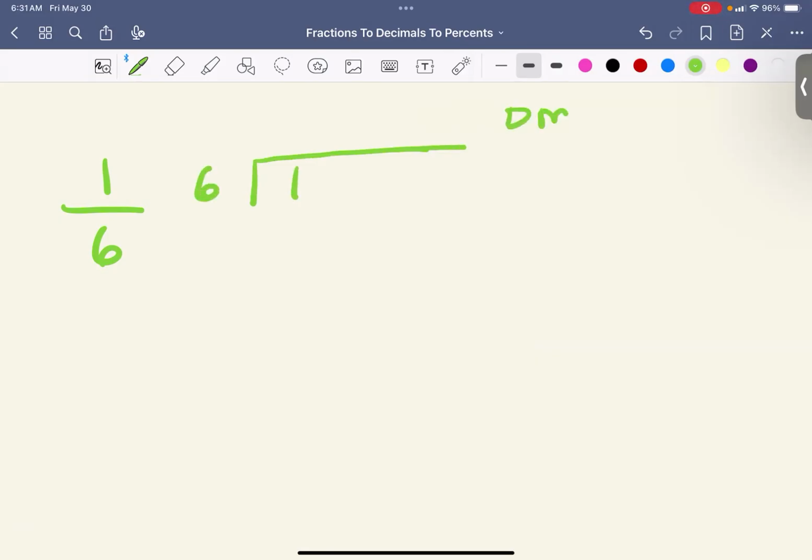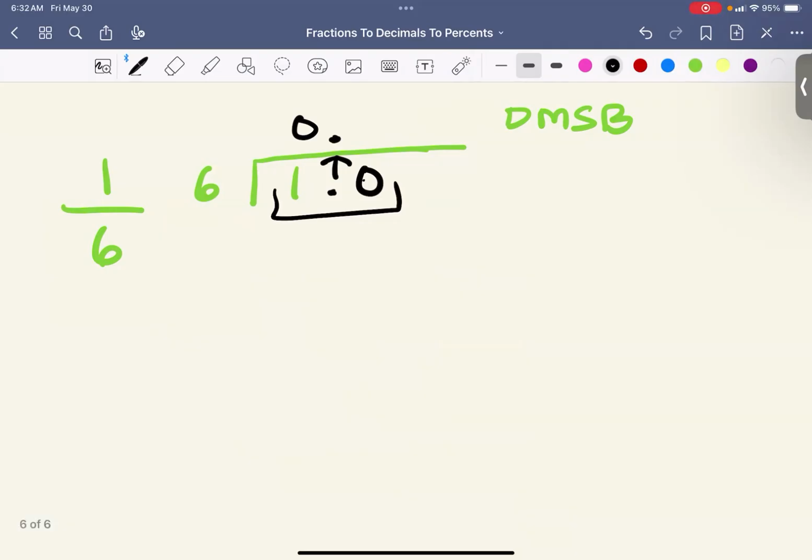All right, my DMSB: divide, multiply, subtract, bring down. So now I'm going to divide. 6 can go into 1 zero times. So add my decimal, bring it up, add a 0, get the new number. The new number is 10.